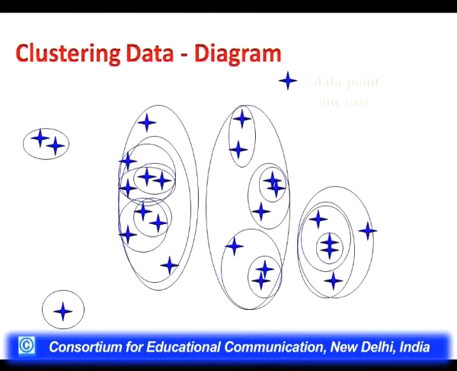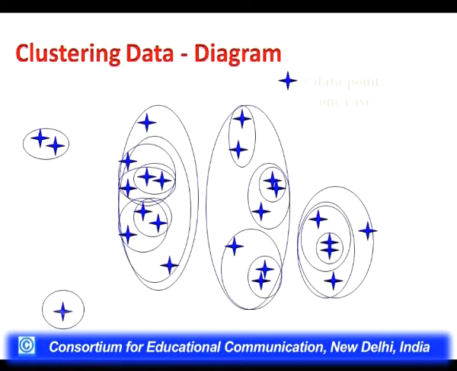Now, look at these variables, and these are the cases, and the stars are the cases, and they are grouped together, and where we do not have grouping, some of the cases are isolated also.